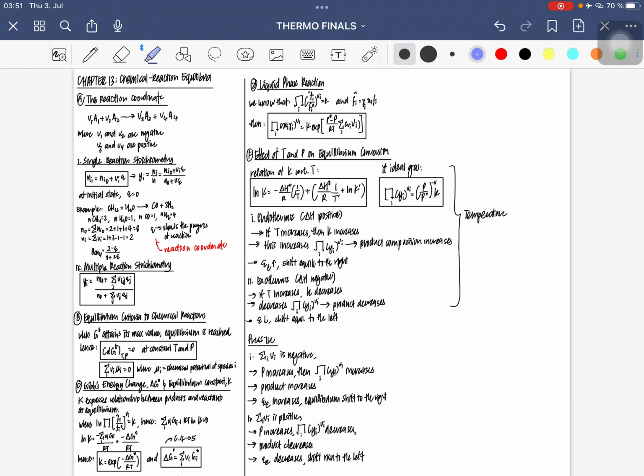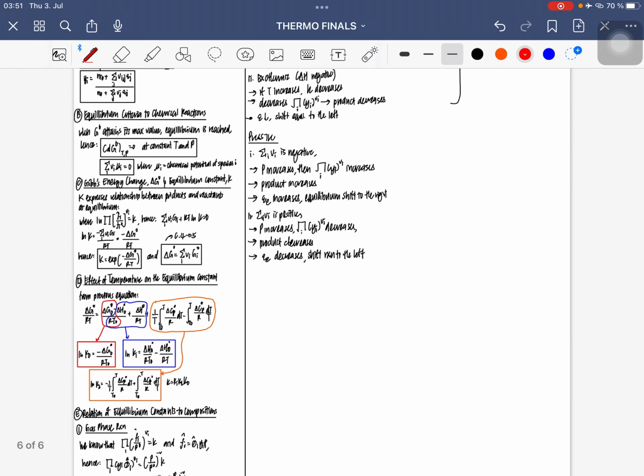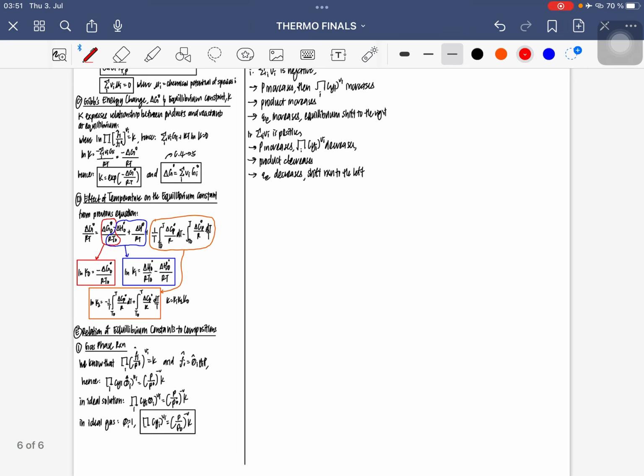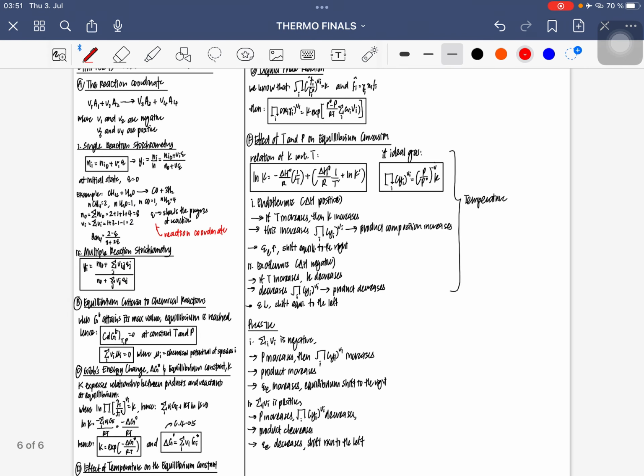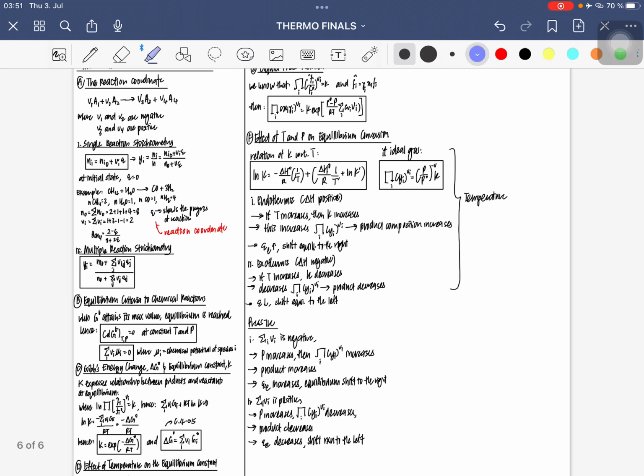And then moving on to chemical reaction equilibria. I'm just going to highlight what's important. What's important is the reaction coordinate.